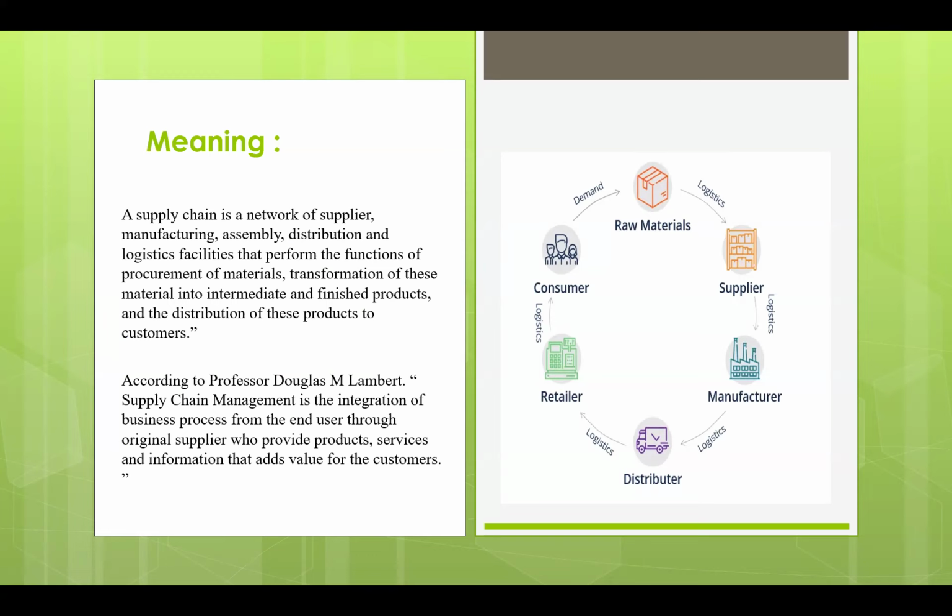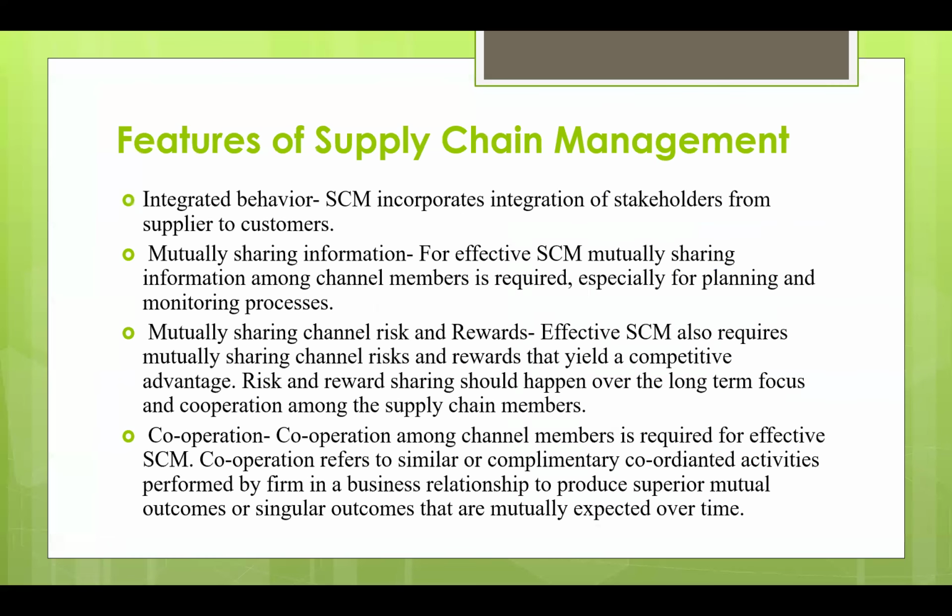According to Professor Douglas M. Lambert, supply chain management is the integration of business process from the end user to original supplier who provide products, services, and information that adds value for the customers.